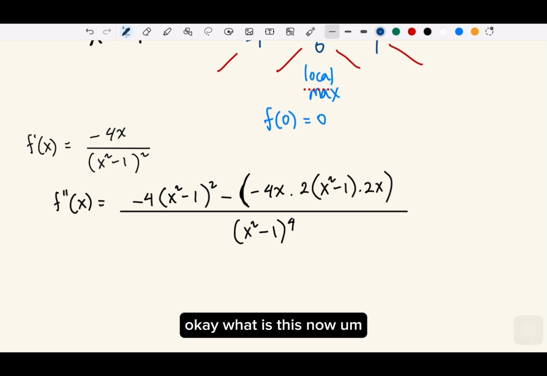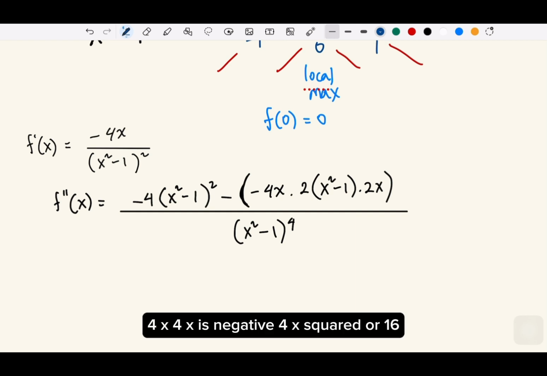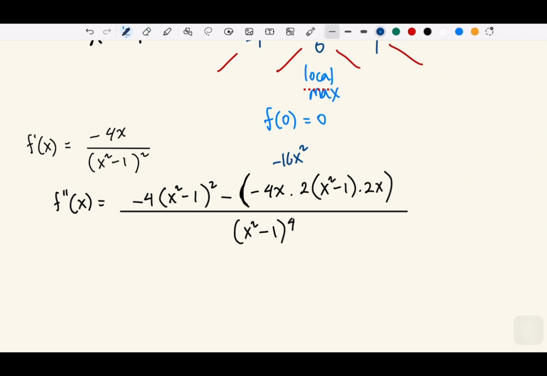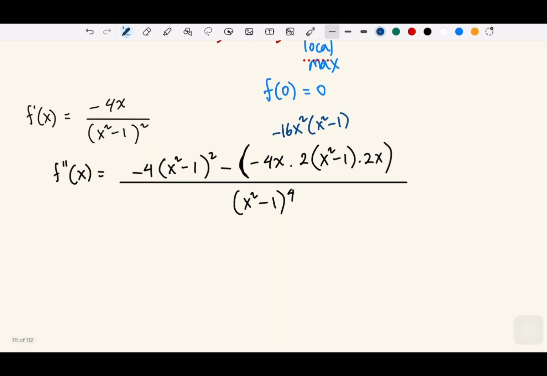Okay, what is this now? 4x times 4x is negative 4x squared, or 16, and then x squared minus 1, right? Or no, right? So, okay, still.